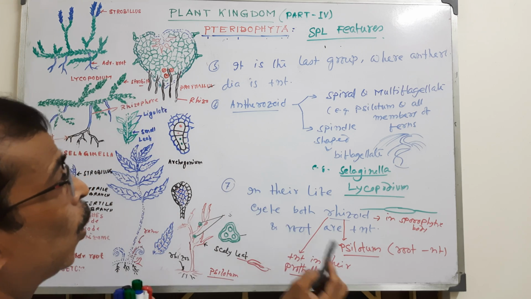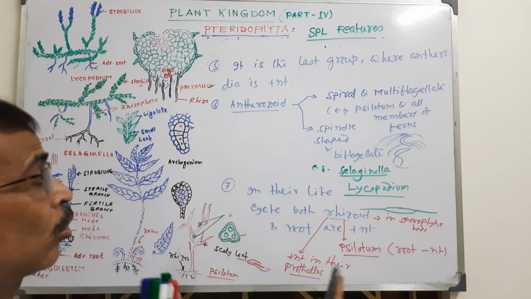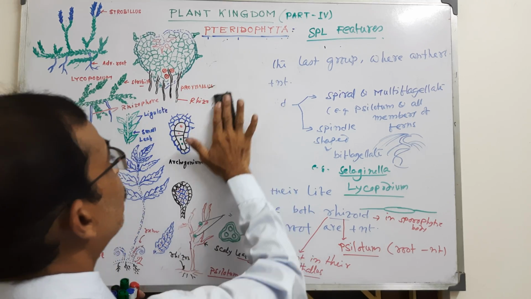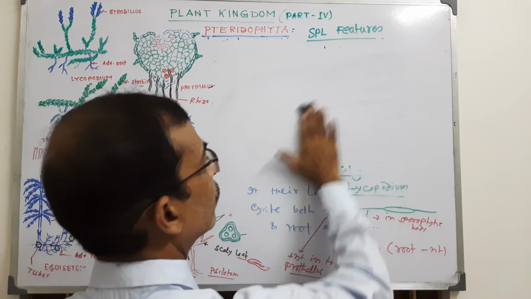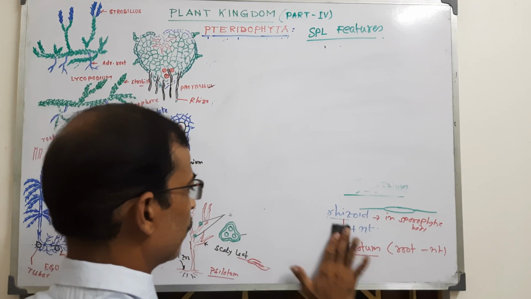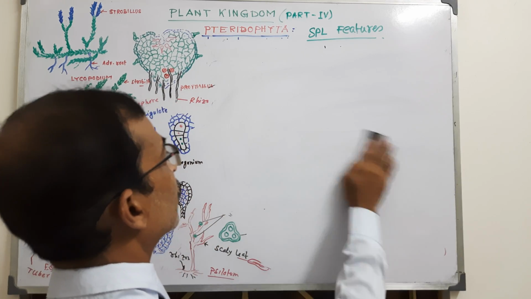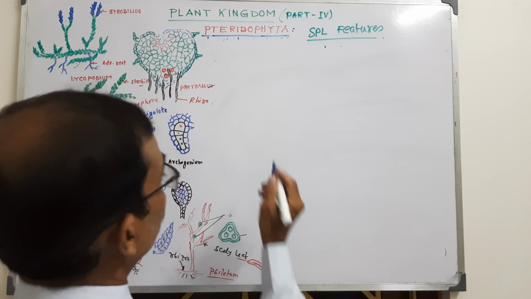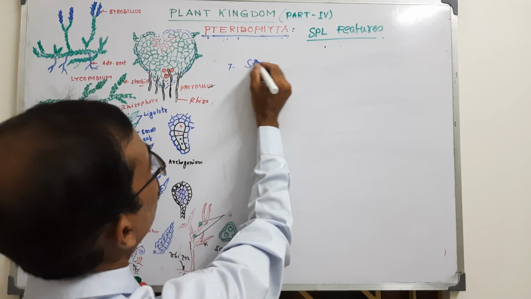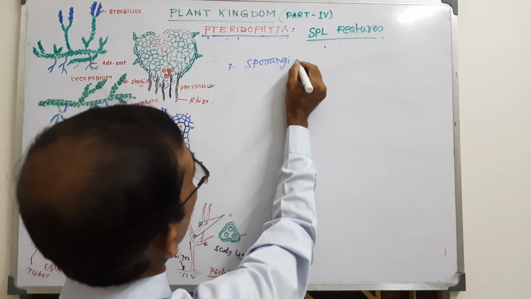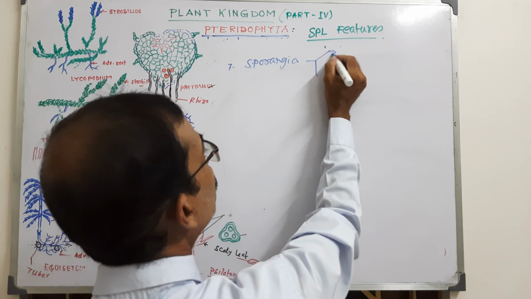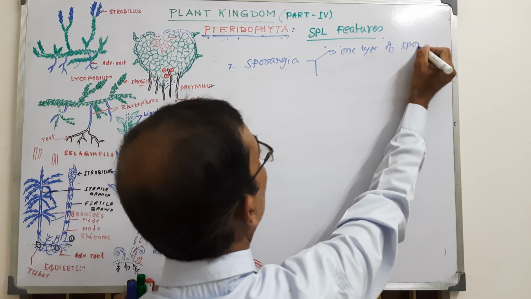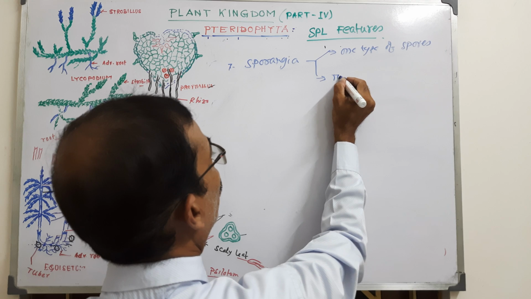Next, about their spores. On the basis of spores, they are called homosporous or heterosporous. Next point 7. If we study the type of spores in the sporangia, sporangia produce either one type of spores or two types of spores.